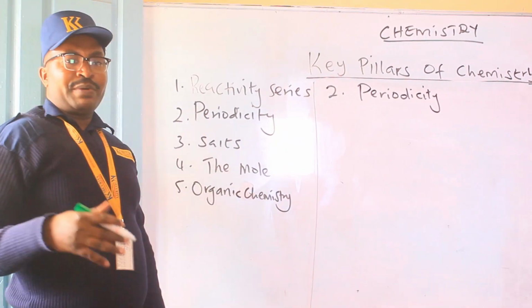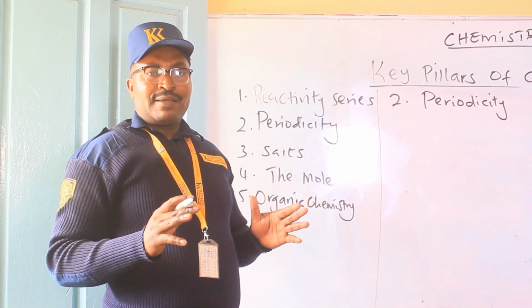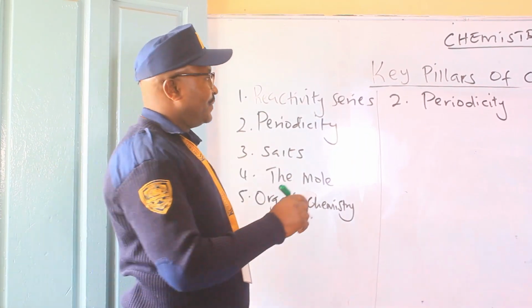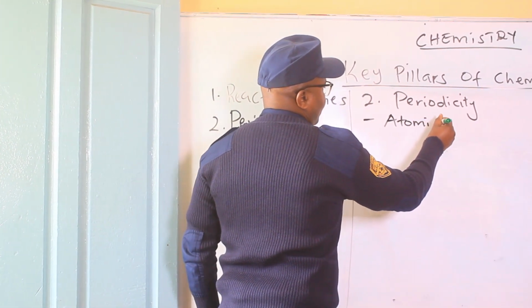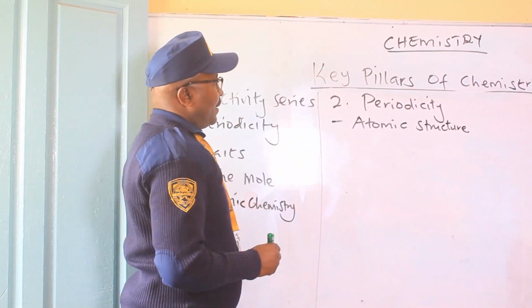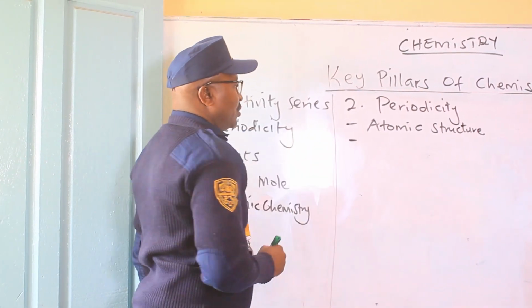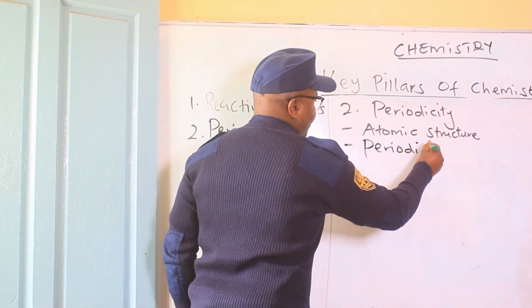So when I talk about periodicity, this will cover 5 areas. We have atomic structure, number 2, we have the periodic table.